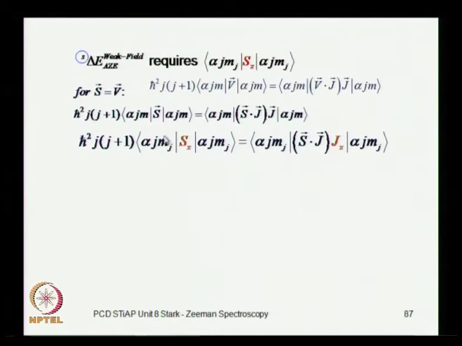So, now we can write this relation for each component, because this is a vector relation and there are corresponding relations for all the three components Sx, Sy and Sz, or you can write it for the spherical components as well.